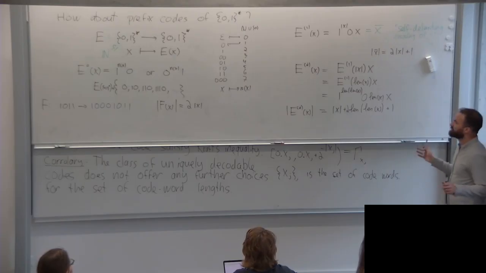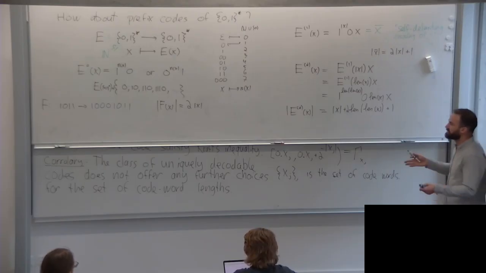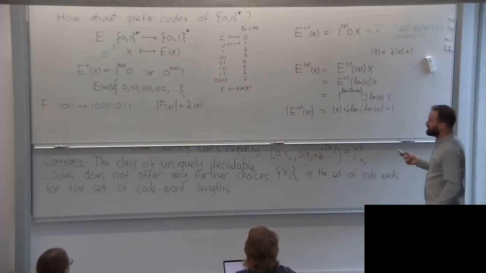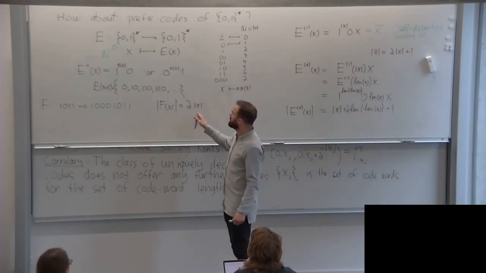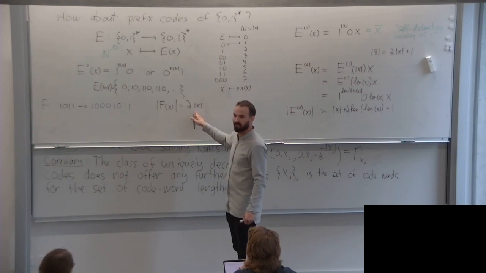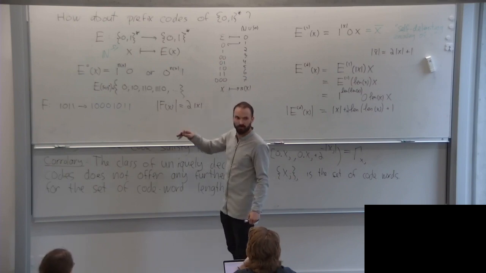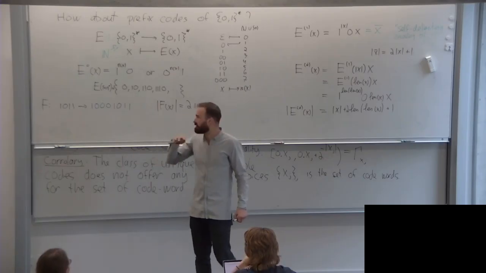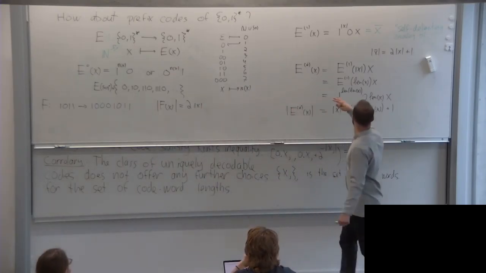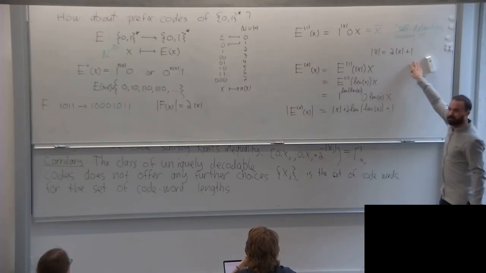If you are this kind of person and you want to play with something tonight or tomorrow, you can verify the Kraft inequality. We've actually done it for the unary coding. In the unary coding, we exploited the fact that the sum of 2 to the minus i converges. It's going to be a different sum for this.